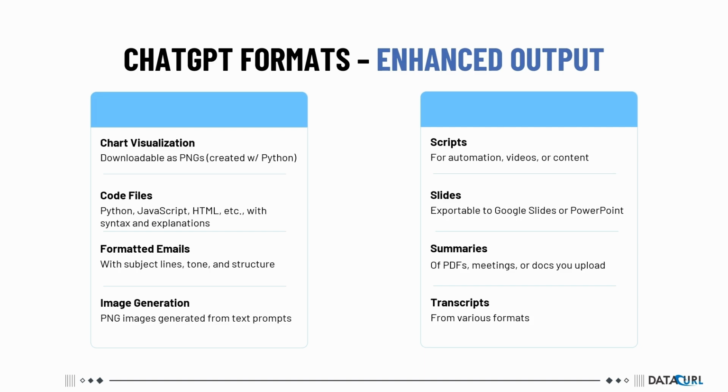It can generate PNG images, and you can download those as we saw earlier. You can generate scripts for automation or even a script for a video or a podcast or social posts or a formula for social posts. It can make slides. It can summarize content, meetings, video files, and it can also produce transcripts.